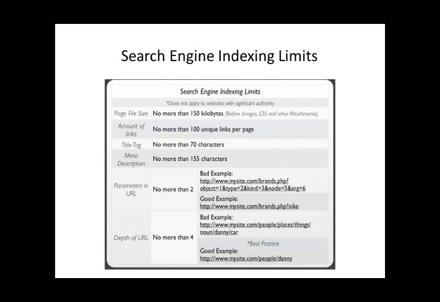For example, the ideal page size for any URL should be less than 150 kilobytes, and it should have fewer images. We should not incorporate too many images. If the size of the images is large, for example if you're using .bmp files, we should try minimizing the size of the images.